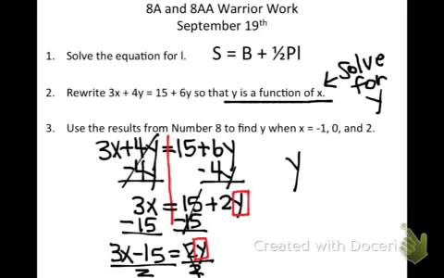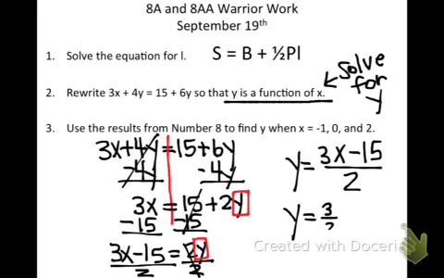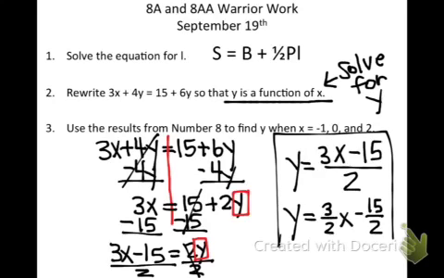This leaves us with y equals 3x minus 15 all over 2. You could also write this as y equals 3/2 x minus 15/2. Both would be correct.